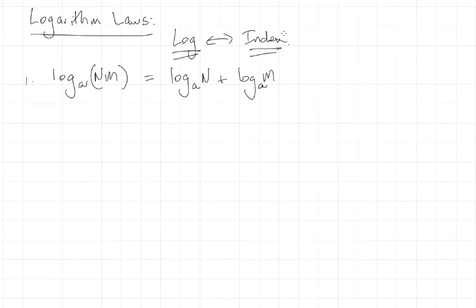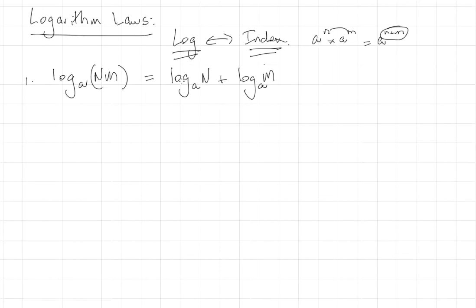So we're saying a log is nothing more than an index. If you go back to the index rules, it's a to the n times a to the m. So we're multiplying two numbers. Here in logarithm law 1, we're multiplying n times m. Now what did you do to the indexes there? We added them.